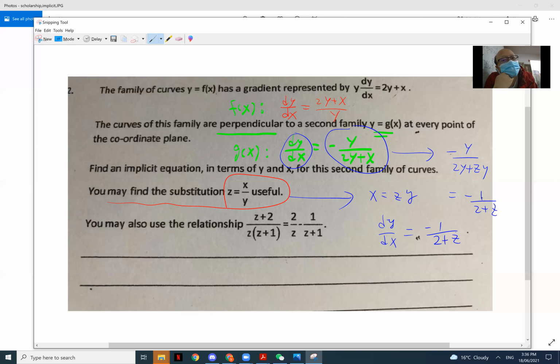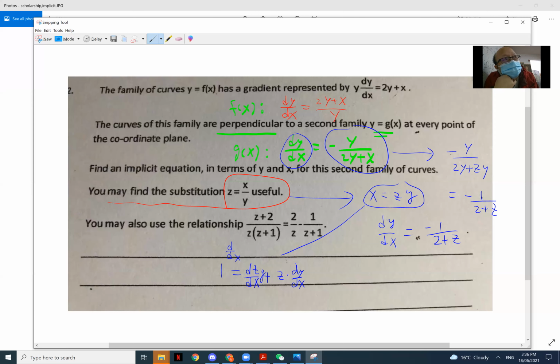Now it's time to change this part. Let's check if we can change it. For example, if you differentiate with respect to x, we get 1 equals z differentiate, y no change, plus z no change, y differentiate.